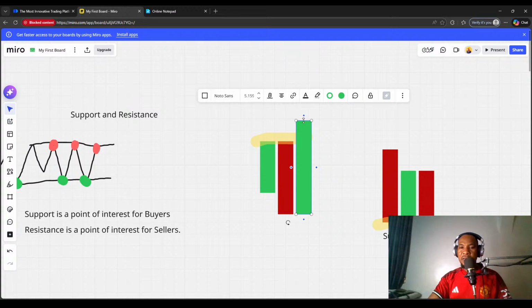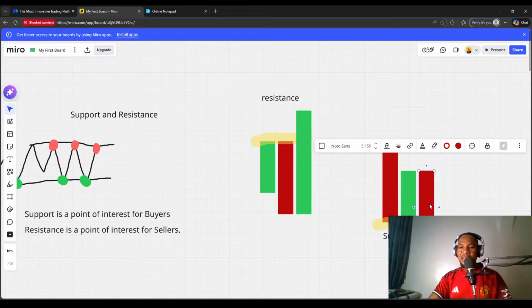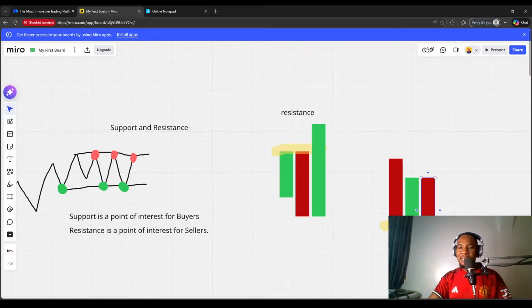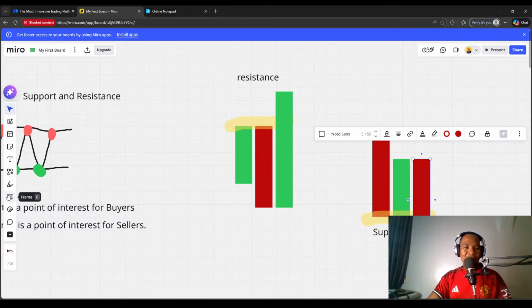So a strong candle that closes significantly above resistance signifies that price is going to continue up. Then a red candle that significantly closes below support means that price will go further down. And note that the wick of the candle also determines how strong that break is.